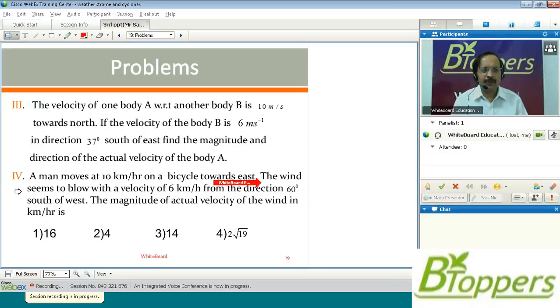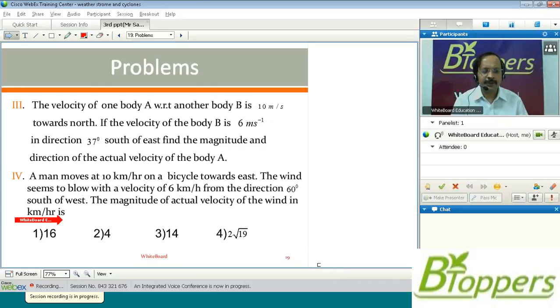The wind seems to blow with a velocity of 6 km per hour from the direction 60 degrees south of west. The magnitude of actual velocity of the wind in kilometer per hour is.